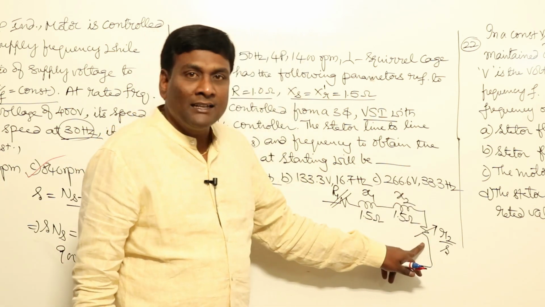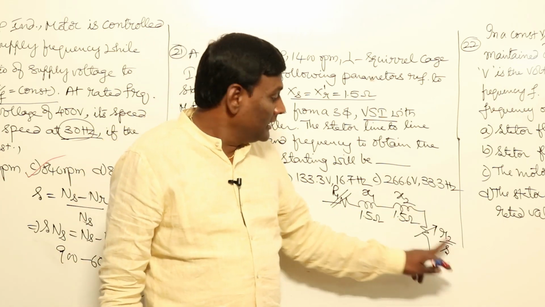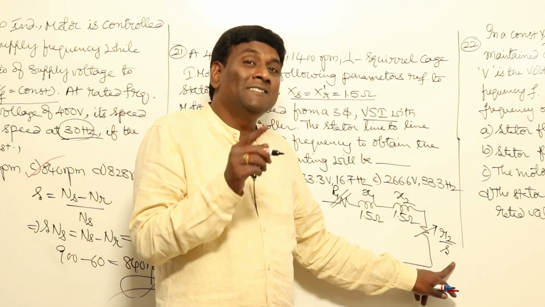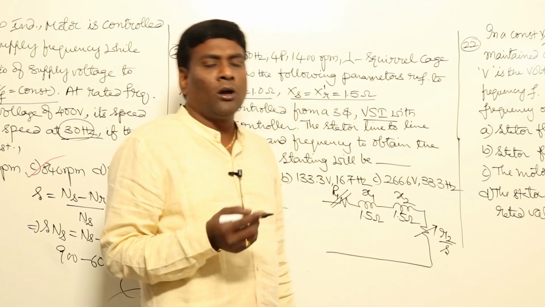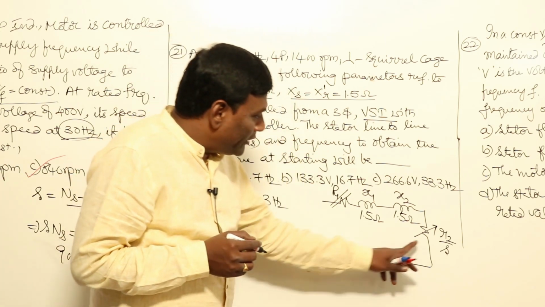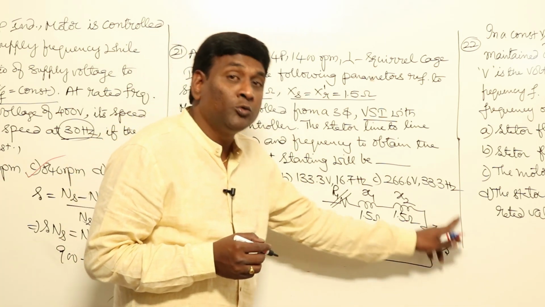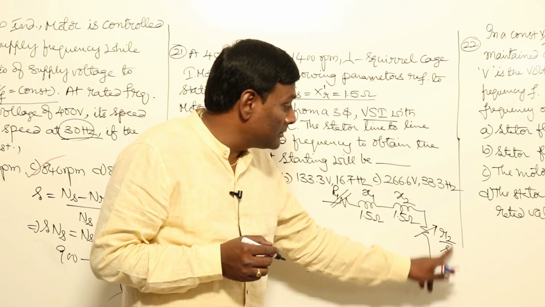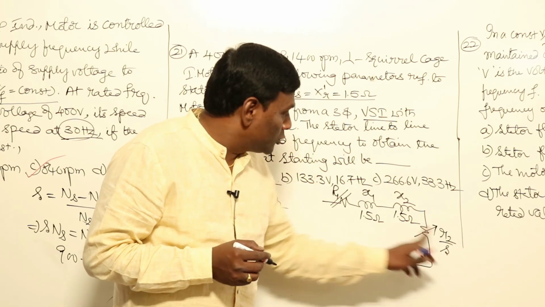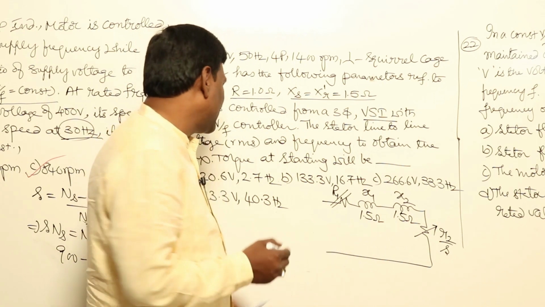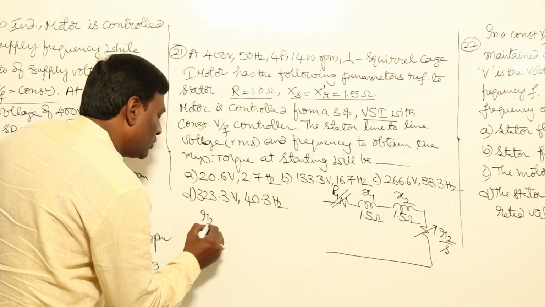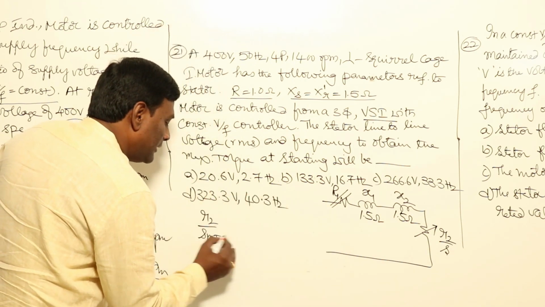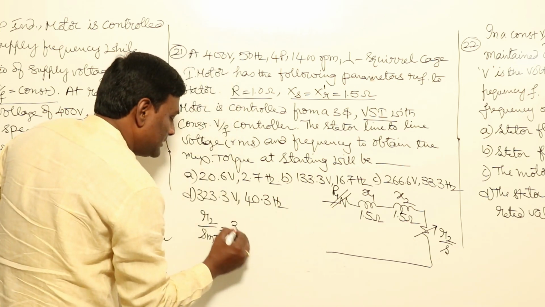Now PG is nothing but the power absorbed by the rotor. When the power absorbed by the rotor is maximum, PG is maximum, and the torque developed will be maximum. By the maximum power transfer theorem, R2 by S should be equal to 3 ohm. That is S_MT, the slip at which maximum torque occurs. So R2 by S_MT equals the magnitude of this, which is 3.